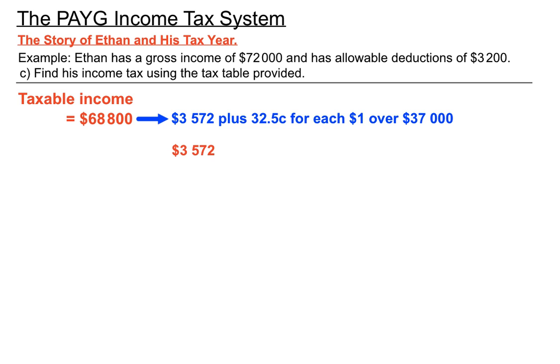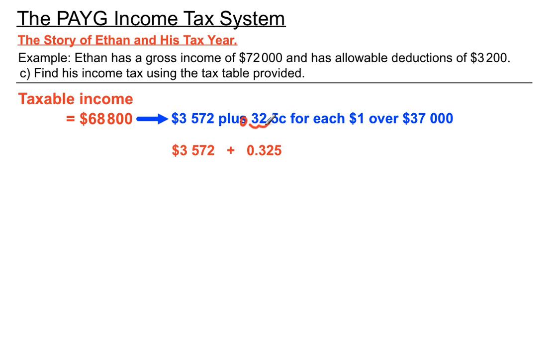Now you'll notice that this amount here is unhelpfully in cents, whereas all the other amounts are dollars. And so the next bit, I'm going to encourage you to always turn that 32.5 cents into a dollar amount. Now, if we turn that into dollars, we would move the decimal point 2 spots to the left and put a 0 there, so 0.325.